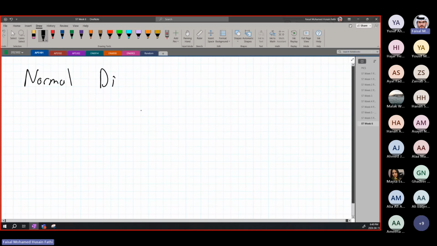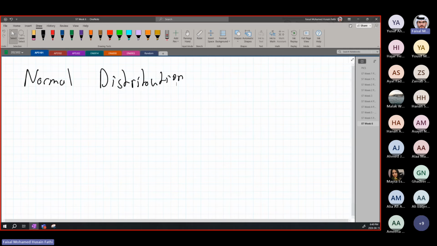Normal distribution. So normal distribution, unlike binomial, has a range of values, the continuous variables. You have a random range of a distribution, and most of the time it is going to be in this bell curve.